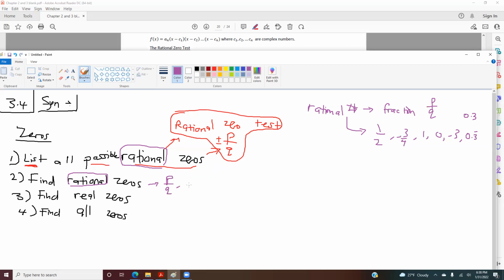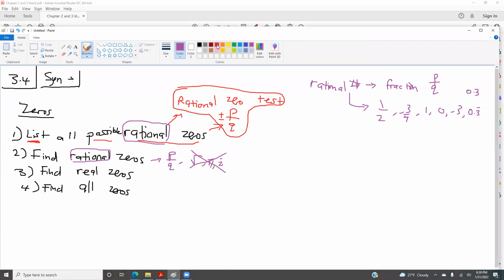If your answer is in irrational form like a square root, pi, or complex i, it will be rejected. Anything irrational like pi, square root, or an imaginary complex number is no good. That is called finding rational zeros.